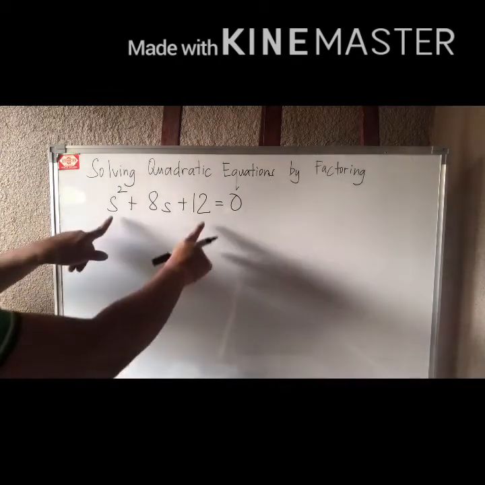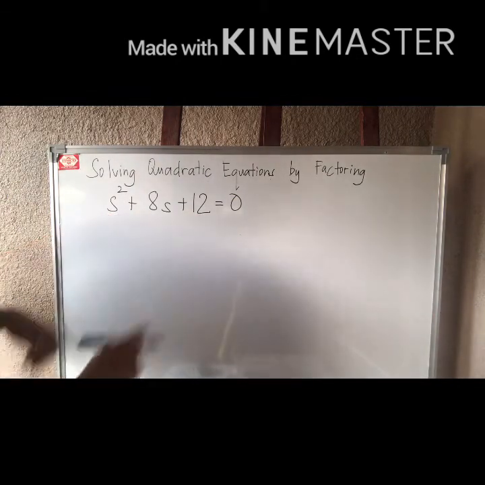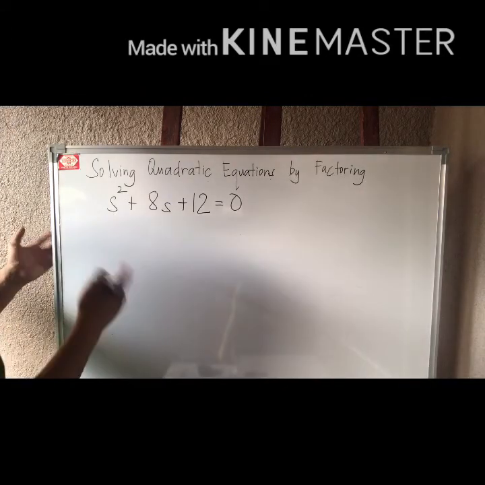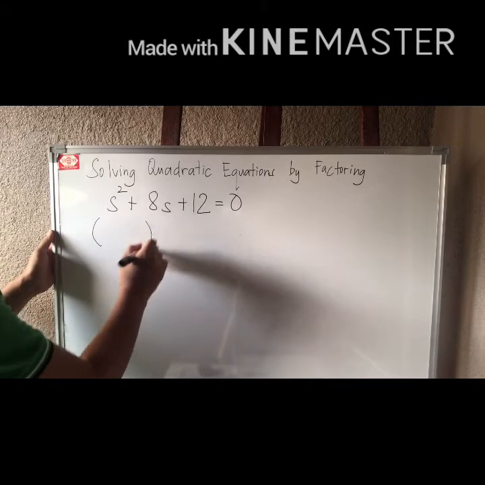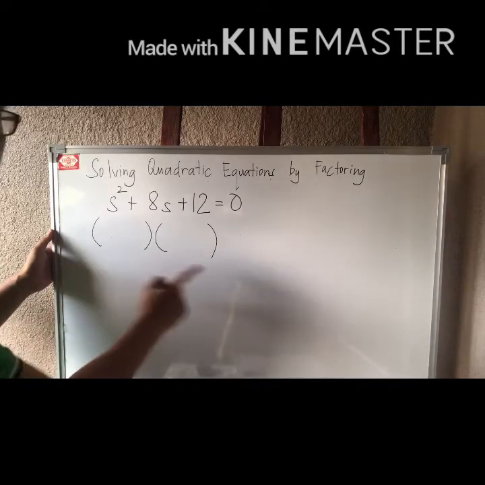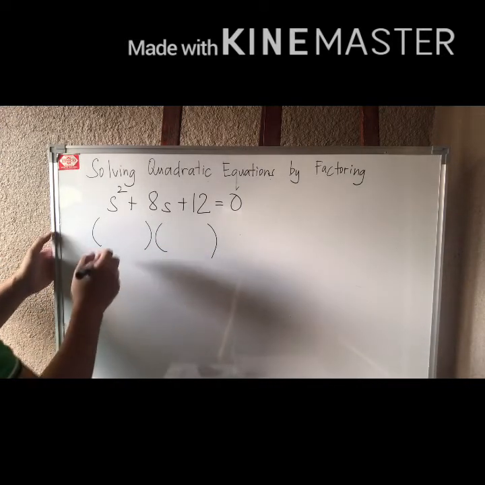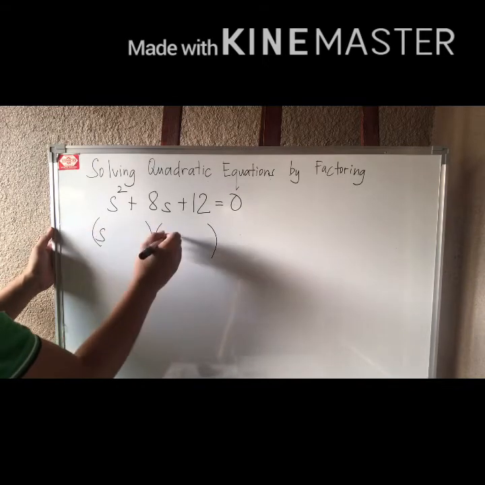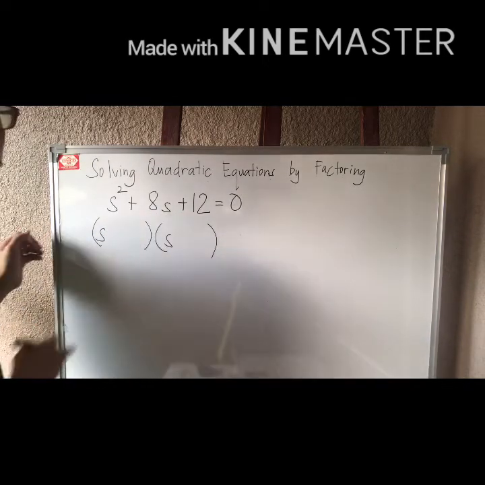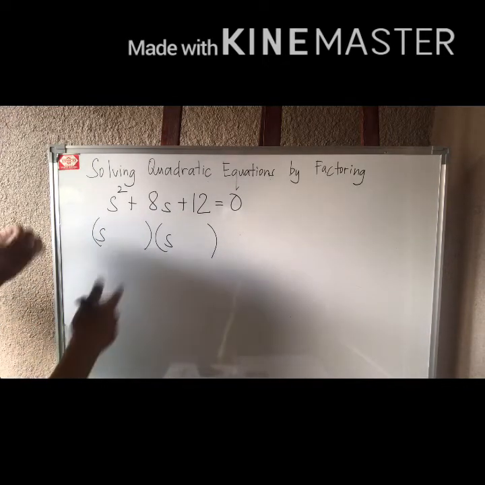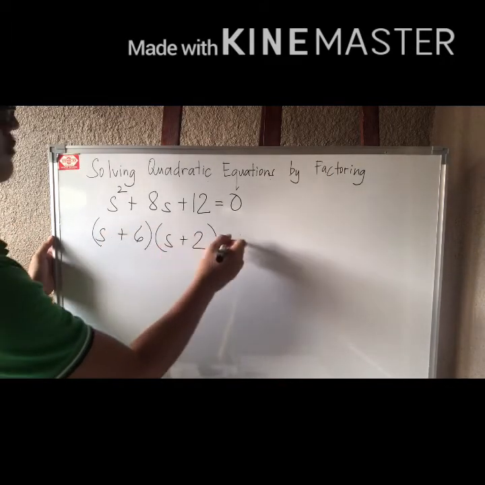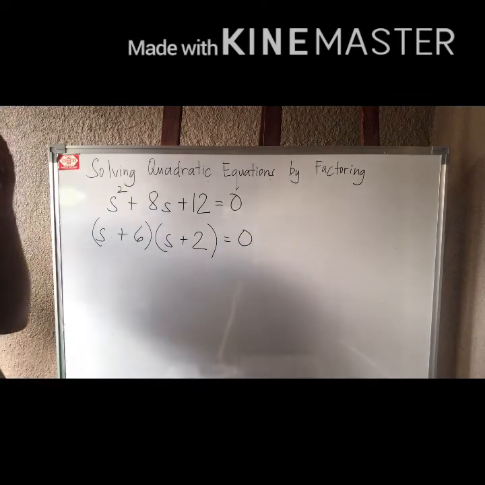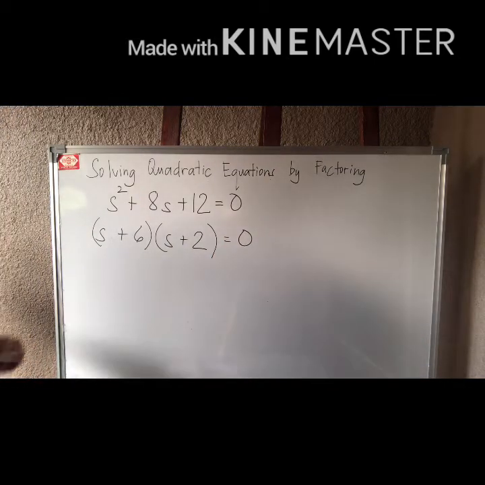Okay, so we already have the factored form of this from our review of factoring polynomials. So we have parentheses, you have s and factors of 12 that will give you the sum of 8, so that is 6 and 2, both are positive, that is equal to 0.